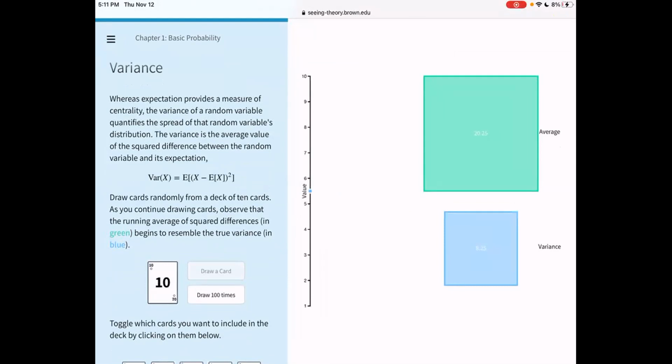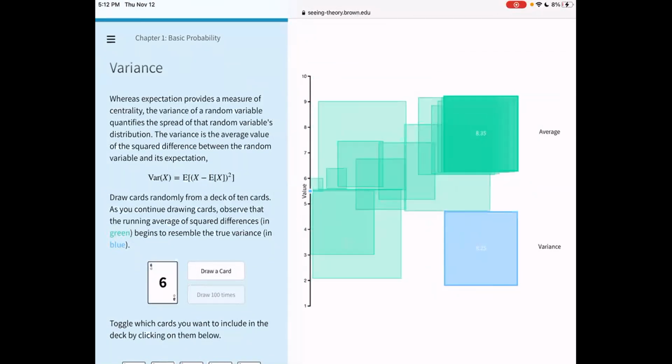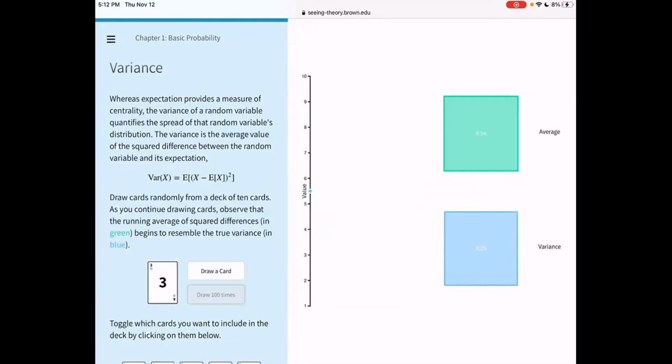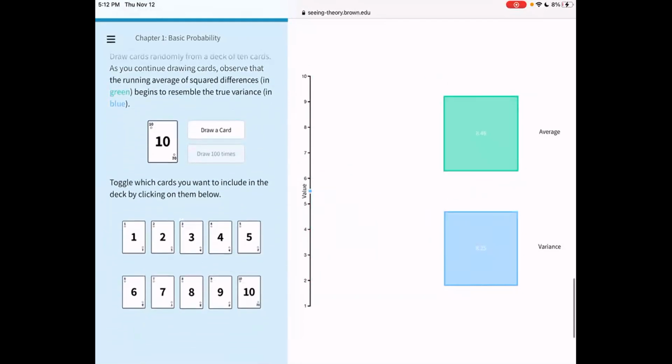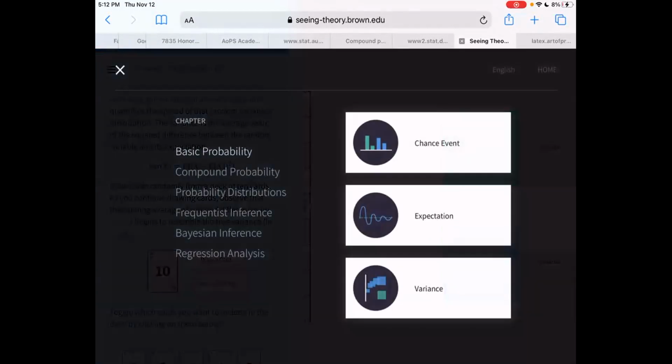So this is looking at the sample variance versus the true variance of the distribution. If you do it 100 times, they're basically saying that the green square starts to look a lot like the blue square. That's what's happening there. But that's not what I wanted to show you.